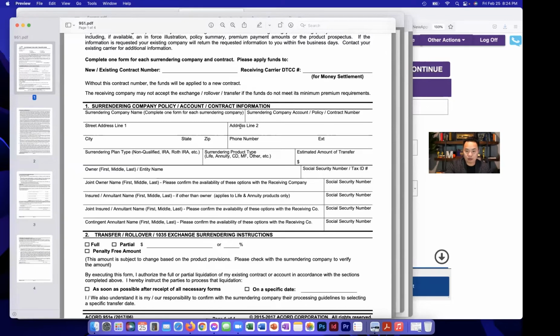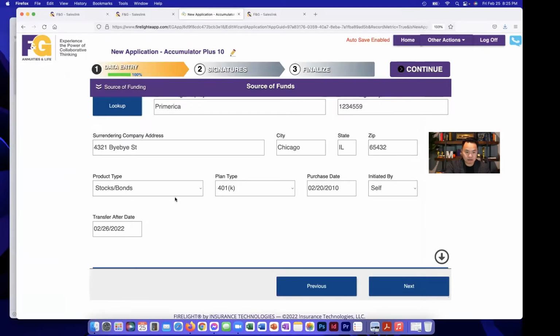So on the physical application, it looks like this, but to confuse you more, online, they flipped it. Product type goes first and then plan type goes second. Don't you love it? Let me show you this.